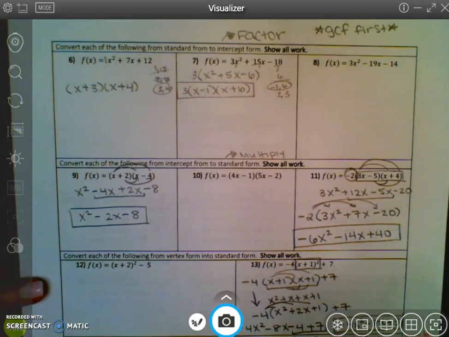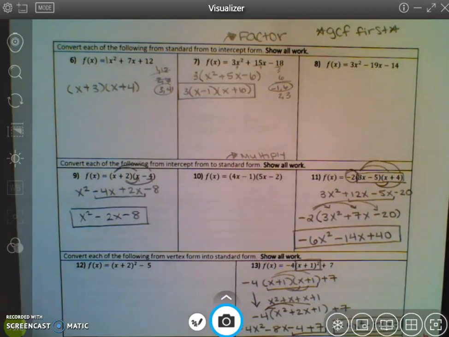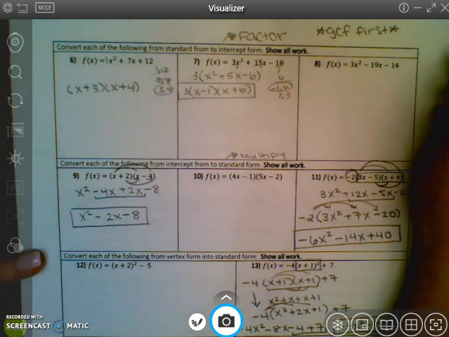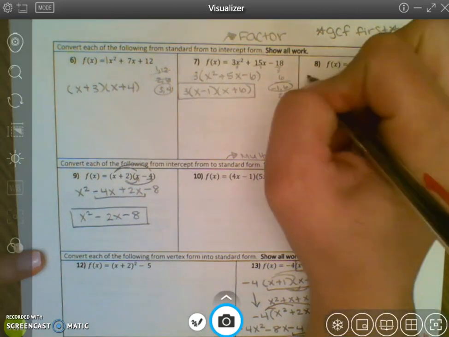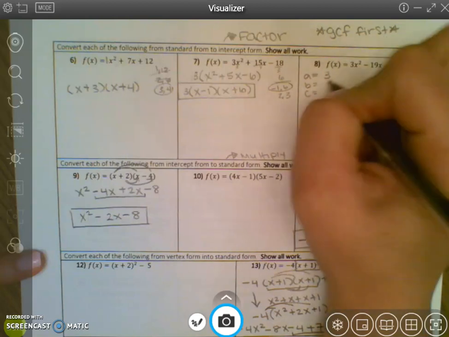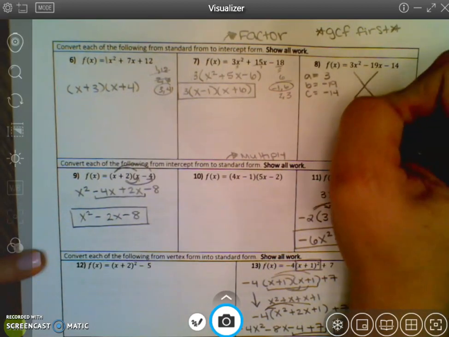Okay, let's see if I can do this one. 3x squared minus 19x plus 14. Okay, 3 isn't going to go into any of them, so I'm not going to have a GCF. So I need to do my big X. So my A, my B, my C: 3, negative 19, 14.